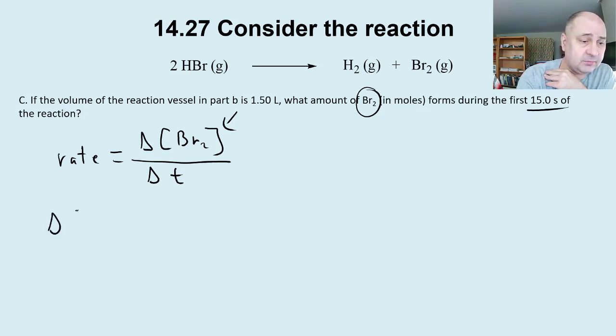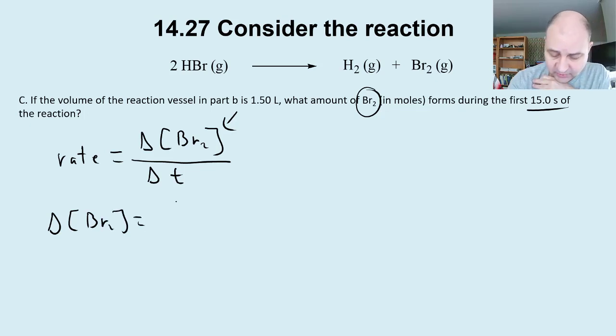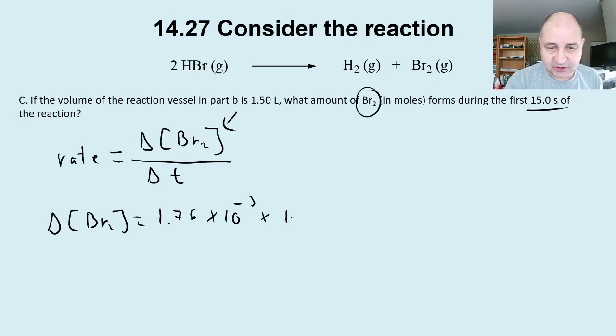So delta Br2 is going to be equal to the rate, which is the same thing we just calculated, 1.76 times 10 to the minus 3 times time, which is 15.0 seconds. So we still keep our 3 significant figures.